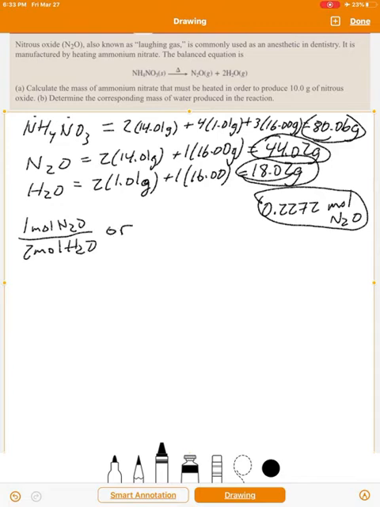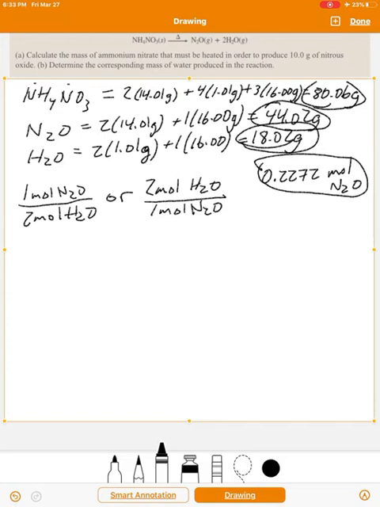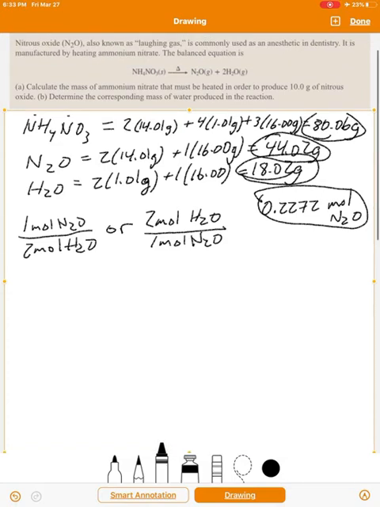Or, put a different way, every time 2 moles of H2O are produced, 1 mole of N2O is produced. That's a little typo there, right? It's a 2-to-1 ratio. So, that ratio cannot change.